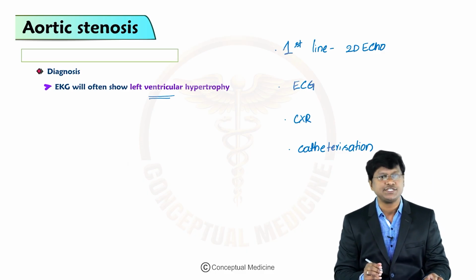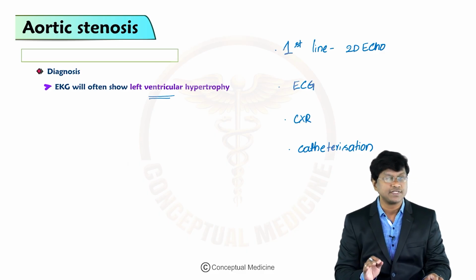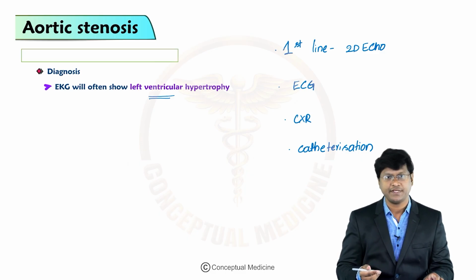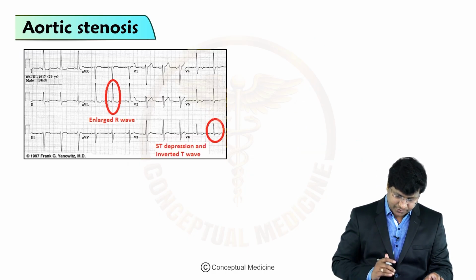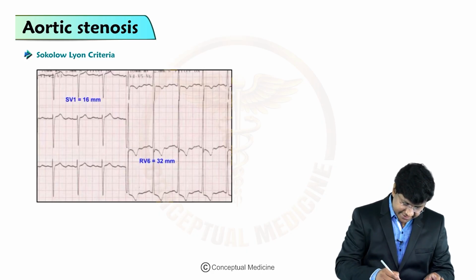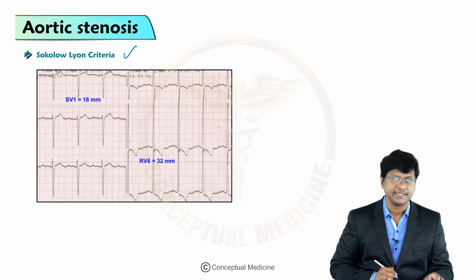So what does the ECG show? ECG will often show the presence of left ventricular hypertrophy. Now what will be the features of left ventricular hypertrophy in the ECG? Let me explain. We have a criteria called the Sokolow-Lyon criteria.